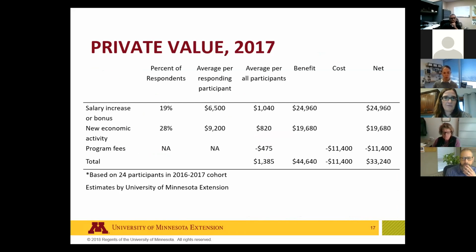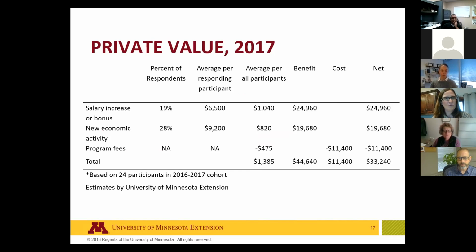So then the question was, how do you calculate the numbers that go with that? So we knew how many people said they had a salary increase, how many said they had those new economic activities. So what we were able to do then is get an average per participant. And one of the things I really want to stress, if you're working in the area of economic impact, if you want to extrapolate out over a population, you have to be very, very careful to make sure that you assign a 0 value to those who did not respond.